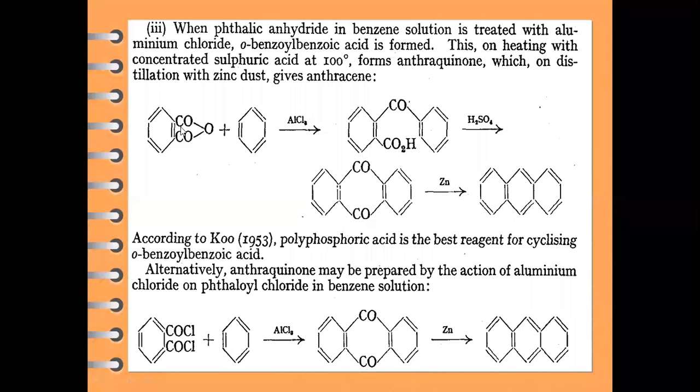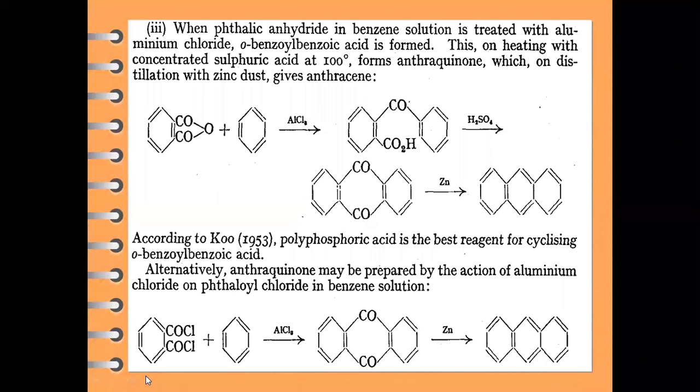Here we used anhydride, and here we can use phthaloyl chloride. When fused with aluminium chloride and benzene, again there is formation of anthraquinone, which is reduced in the presence of zinc dust, so we can obtain anthracene. So this is the third method for the synthesis of anthracene.